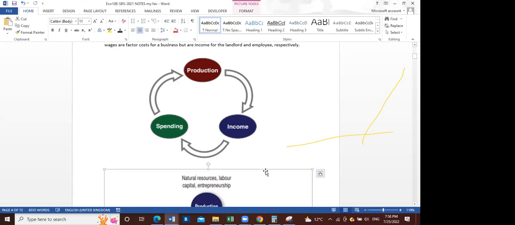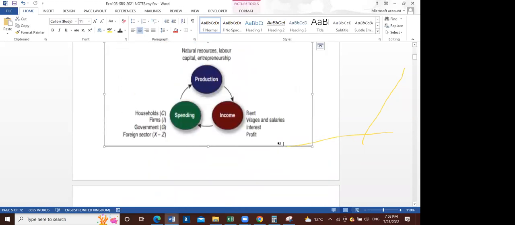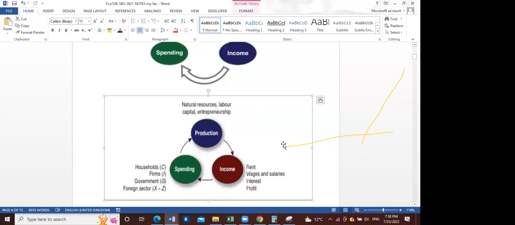So basically, this is how we are supposed to be measuring an economy, and this is how we're supposed to be calculating the values of GDP. In a nutshell, again, you can see the spending elements: households, firms, government, and the foreign sector. Wages, salaries, rents, and profits are on the income method.